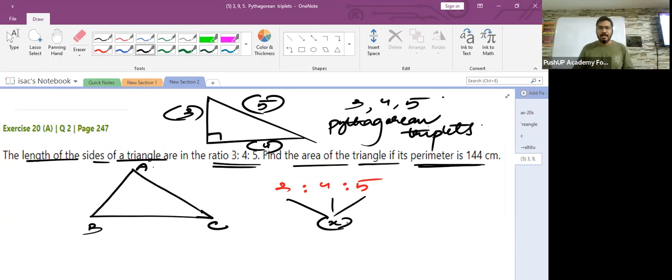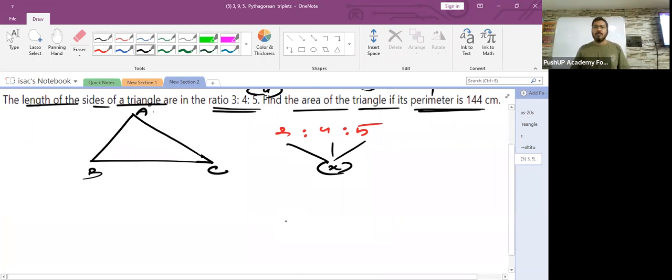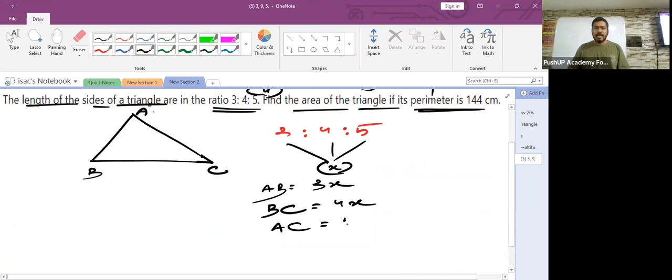So children, the length of side AB you can write as 3x. The length of BC, you can write it as 4x. The value of AC, you can write it as 5x.